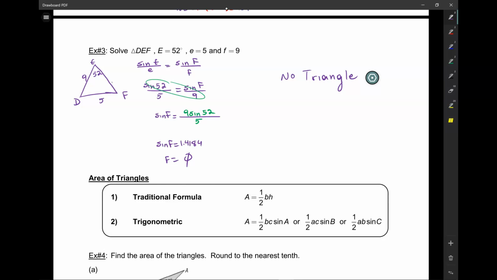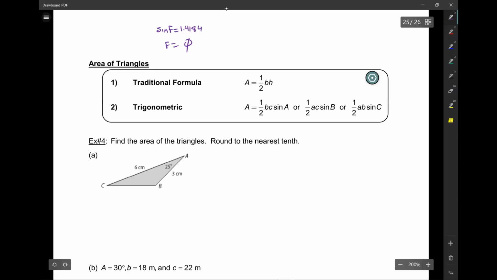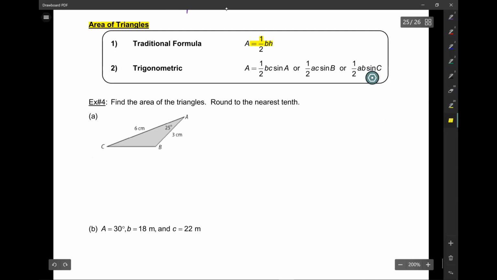Okay, let's talk about area a little bit. Traditionally, we know that area is half times base times height, right? Half times base times some vertical value. Now, if you can't find that vertical value, based on the law of sines, we have different variations. So look, it's still half times a side times other stuff.